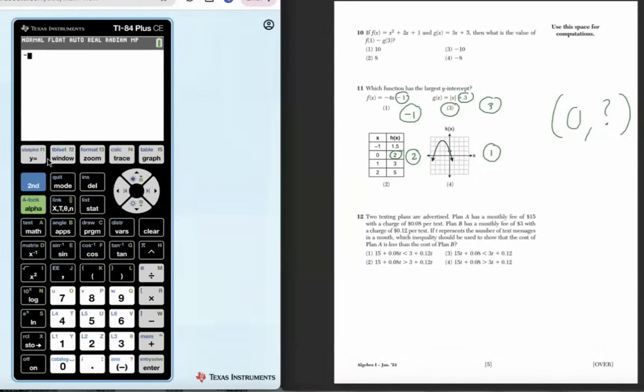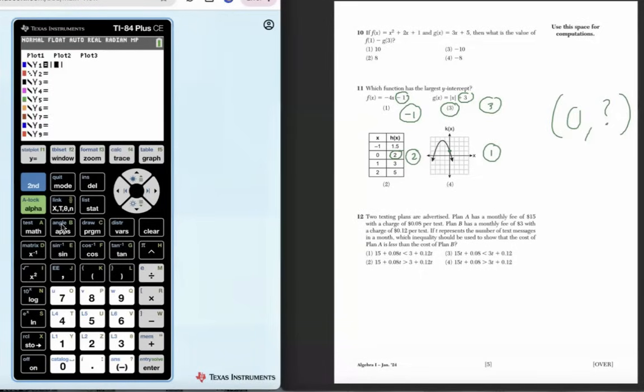So for example, we're going to go to y equals, and we have negative 4x minus 1, right? So when I graph it, I can see that it's crossing the y-axis at negative 1, right? And then we also have absolute value. So I don't know if you guys know this, but you can do second 0. And absolute value is the first function when you hit second 0.